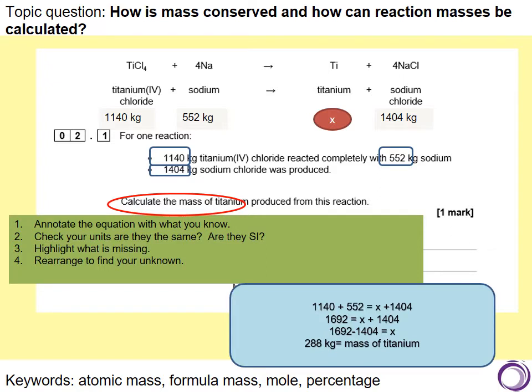This gives me the equation shown, so 1140 plus 552 is equal to x, that's the one thing I'm trying to find out, plus 1404. So I can rearrange this equation to find x, and my final mass is 288 kilograms of titanium.